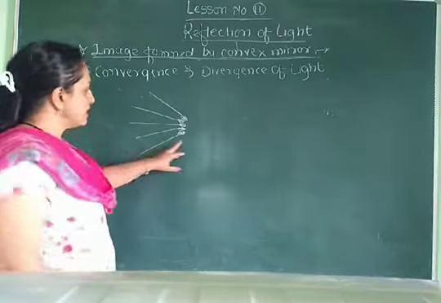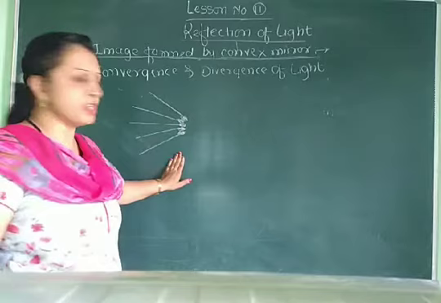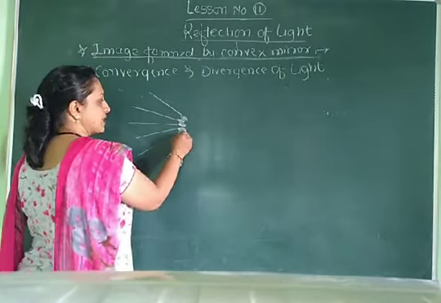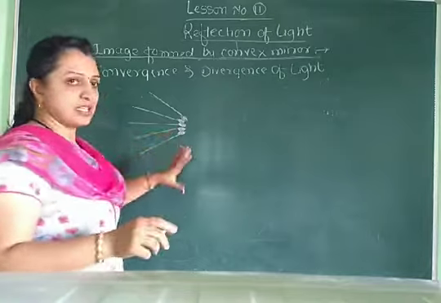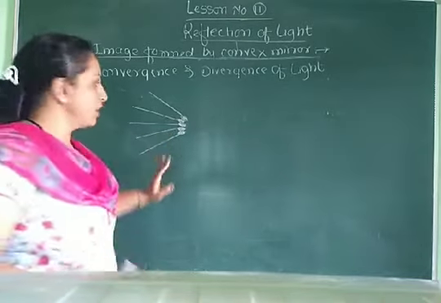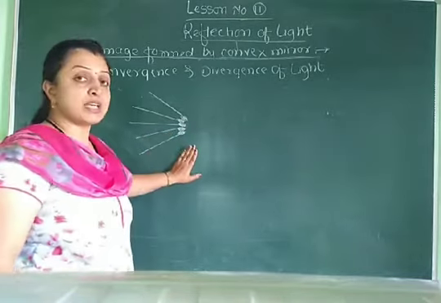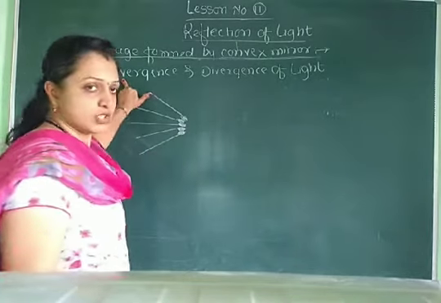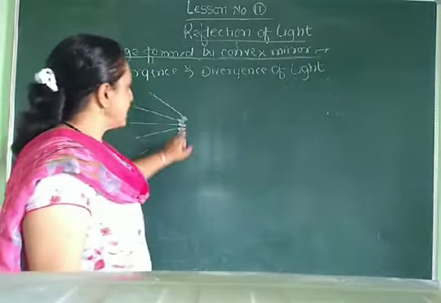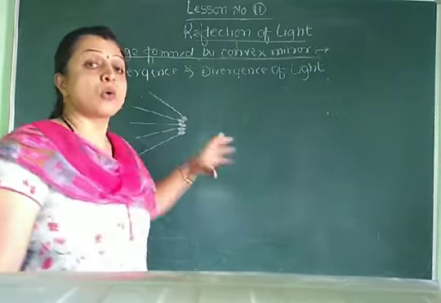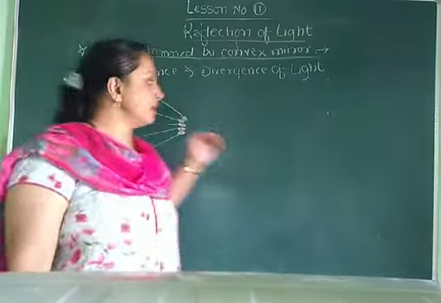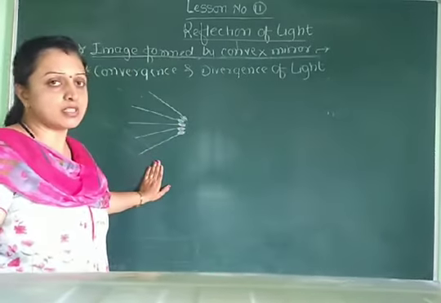So here we consider these are the 5 sticks of the matchbox, and their heads meet each other, and the other ends are moving away. So in this case we can say that the heads of the matchsticks are converged. Converge means meet each other. And this is called the convergence of light.